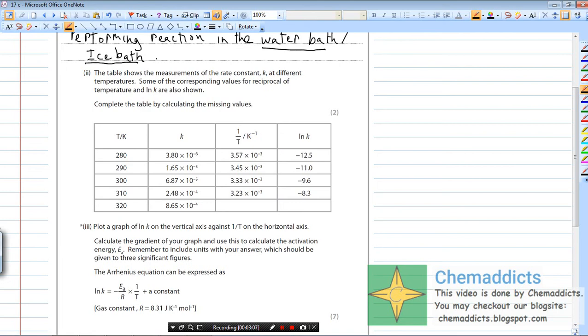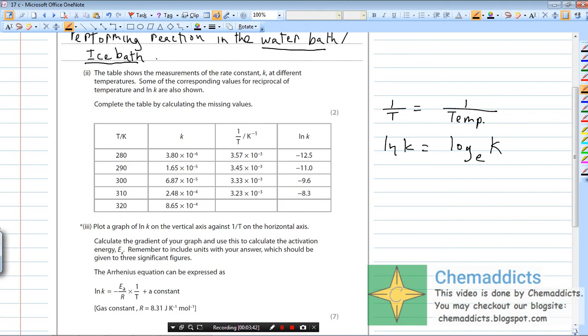Okay, so 1 by T, let me write it here. 1 by T is 1 by temperature, and ln K means log to the base e of K, where K is rate constant. So in here let us calculate the values. If we calculate this missing value over here, 1 by T means 1 by 320.